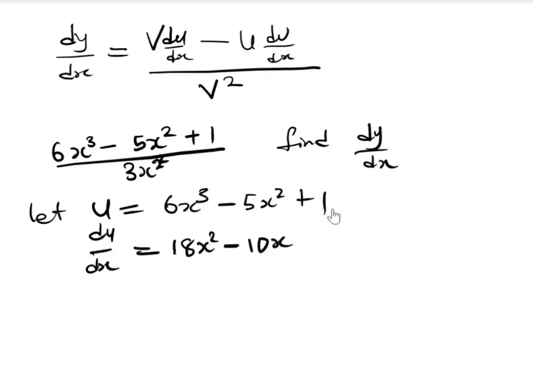Then differentiation of a constant is 0. So we can assume v to be 3x squared. Then dv/dx will be equal to 6x.